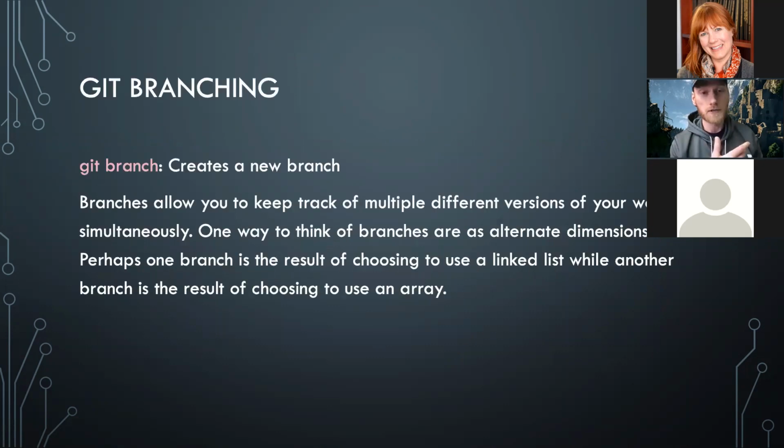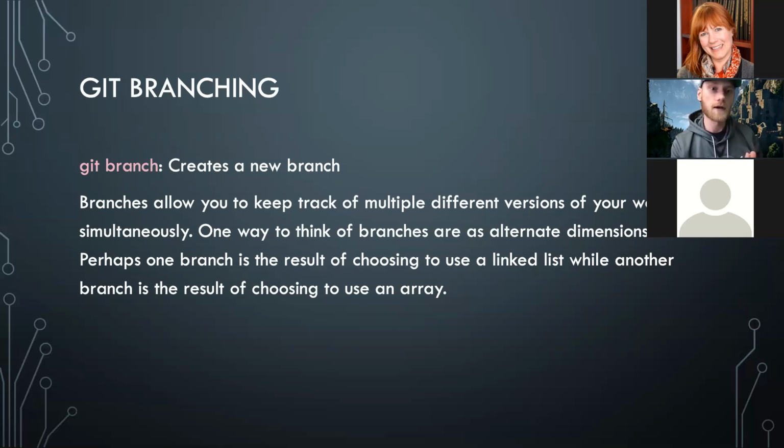So Git branching is a technique where you branch off. If you think about your Git history as a timeline, it's basically like working with another timeline, like an alternate dimension. When you do a git branch, you can create a branch from that original timeline, usually called the master or main branch.